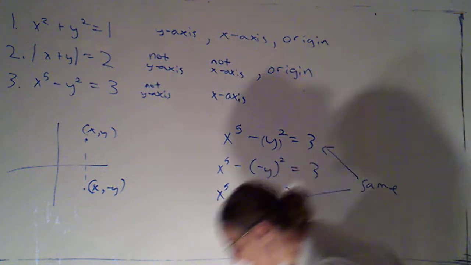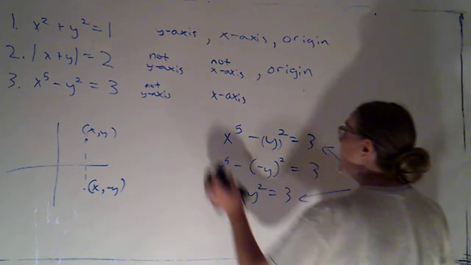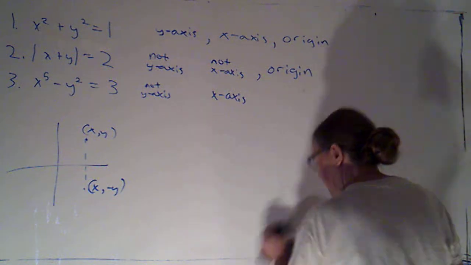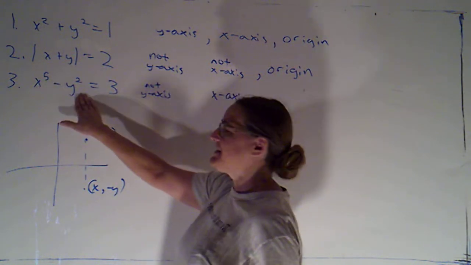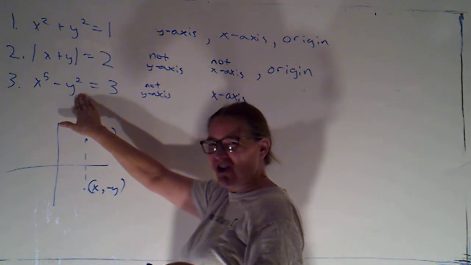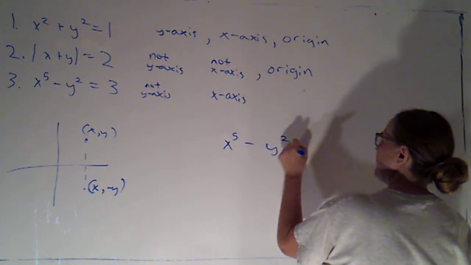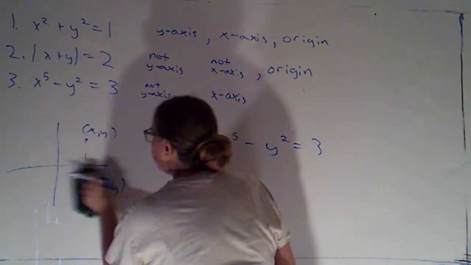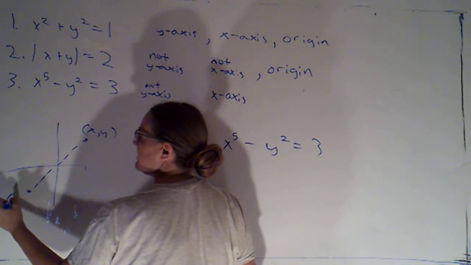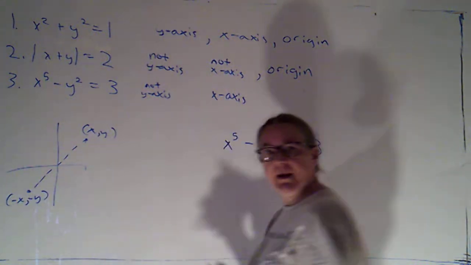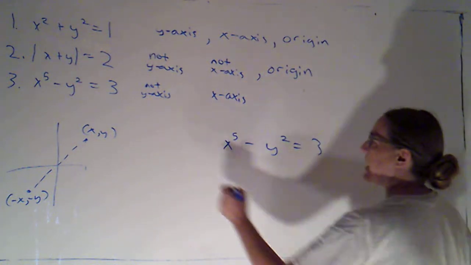Does it have symmetry about the origin? I'm pretty sure the answer is going to be no, because I saw that replacing x with the opposite of x changed this term, but replacing y with the opposite of y did not change this term. So let's just confirm that really quickly. Again, if we're looking at symmetry about the origin, the mirror image point would be this point here that had both the opposite x and the opposite y value.